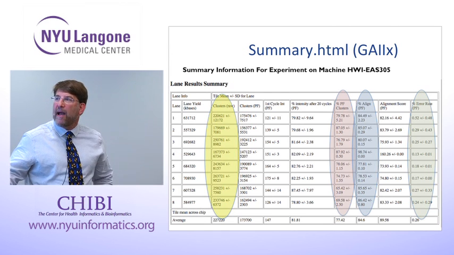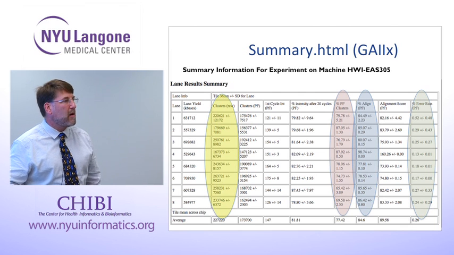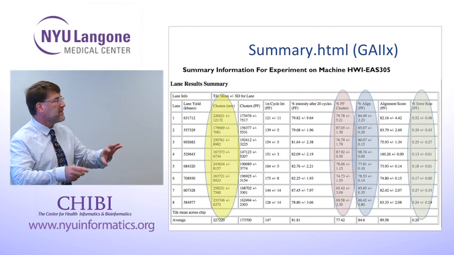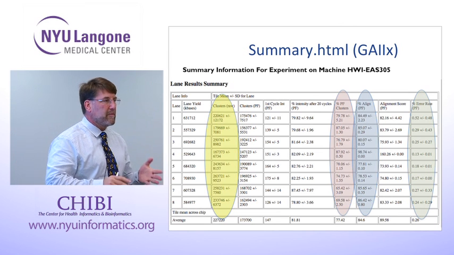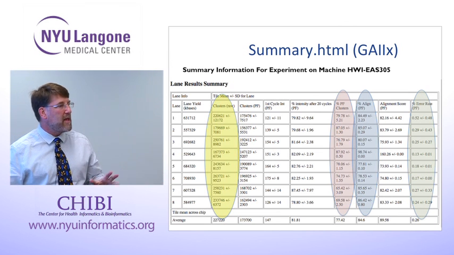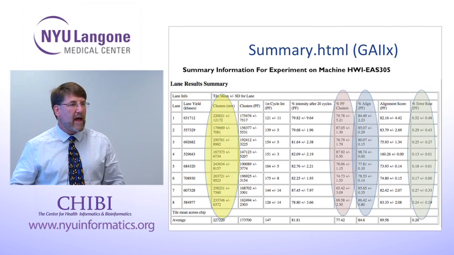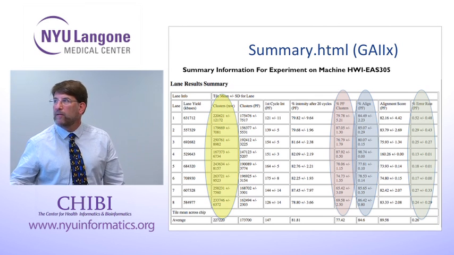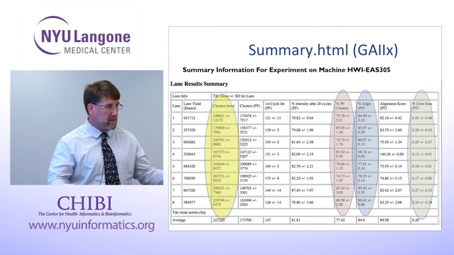And so you get a higher number of clusters, but a smaller passed filter percent. And the techs in the lab are constantly adjusting their reagents and various parameters on the machine to try and optimize this, to get the most possible data. Because it's OK to lose some if on the whole you get more.